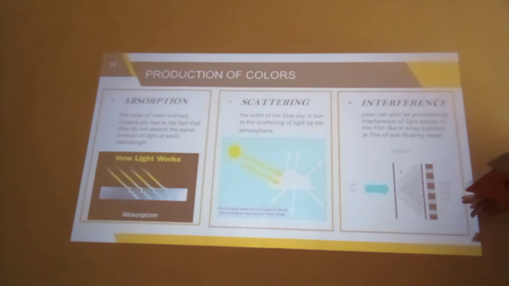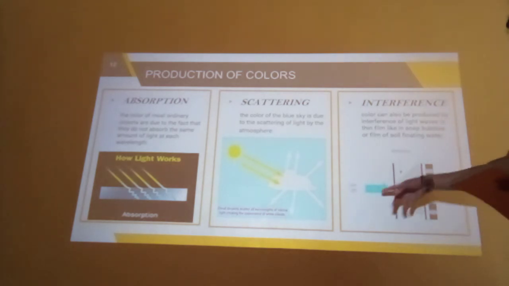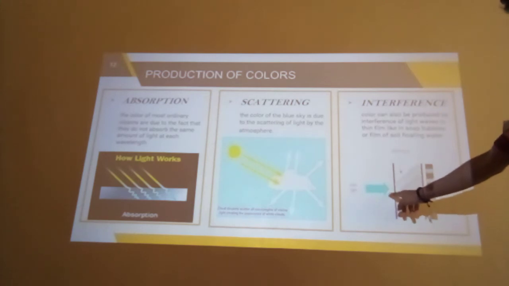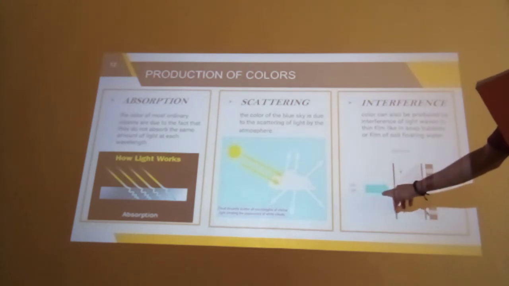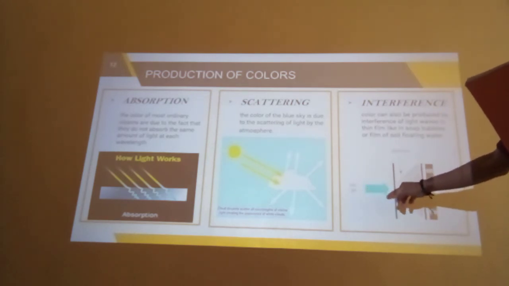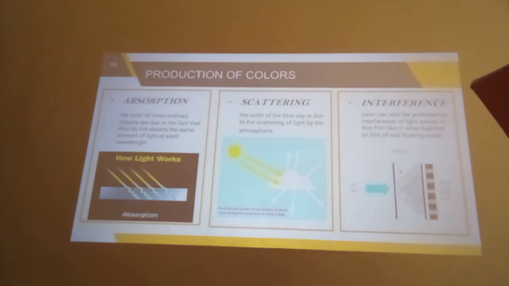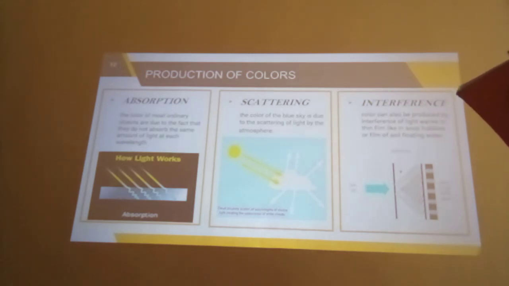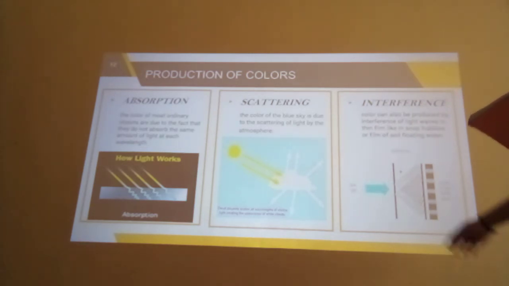As we can see, the light is reflected from the top surface. For example, this is the sun, and this is the top surface. The light reflected from the top surface of such a film undergoes a reversal of phase, but the light reflected from the bottom surface does not undergo the same type of change.